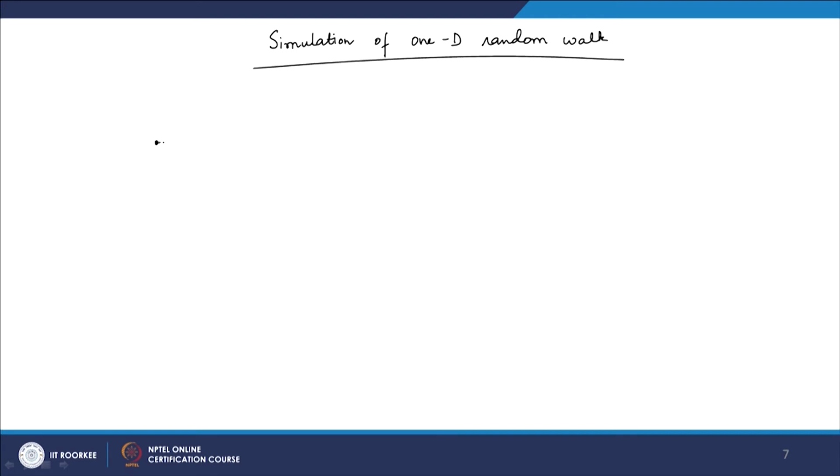So I want to do a walk of m steps like that, where I can move left or right with equal probability.